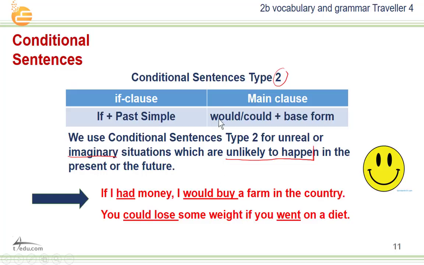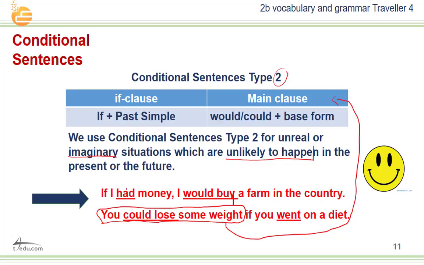Here we started with the main clause. This is the main clause. And here the main clause is the second clause. So the main clause can be at the beginning or at the end.